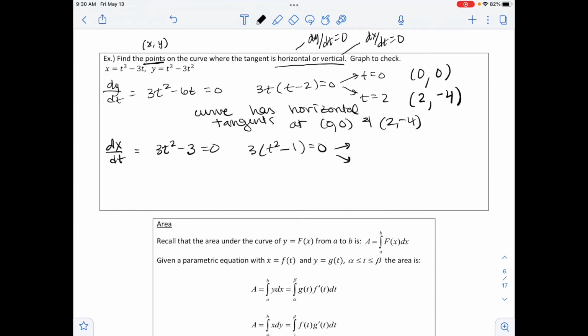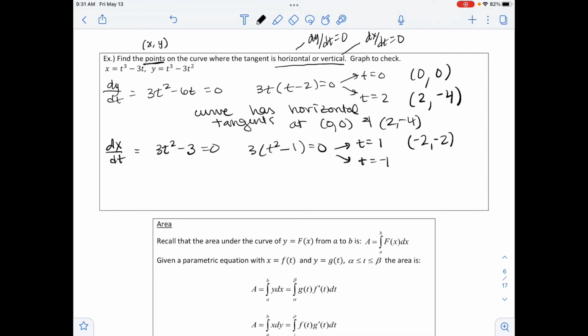So this would be equal to 0 when t is equal to -1, or when it's equal to +1. Substituting these t values back into the parametric equations up above, when t is 1, the x value would be 1 cubed minus 3 times 1, or -2. And the y value would be 1 cubed minus 3 times 1, which also works out to be -2.